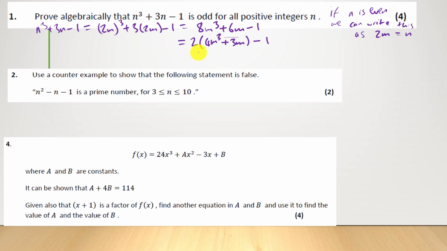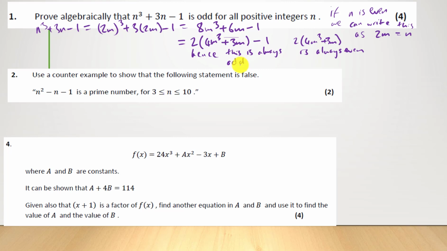So we know this term here, 2 times (4m cubed plus 3m), is always even. So hence this is always odd.